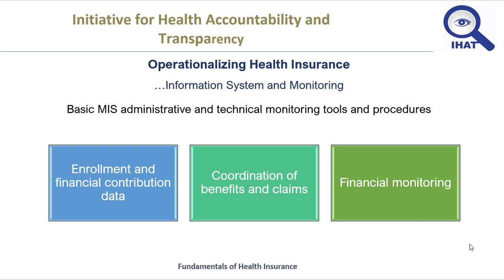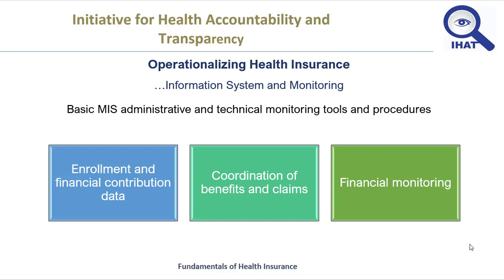The basic tools for the claims processing monitoring include the payment procedure, healthcare provider invoice register, claims register, claims listing by provider type, utilization and cost of service monitoring sheet, average claims cost monitoring sheet.